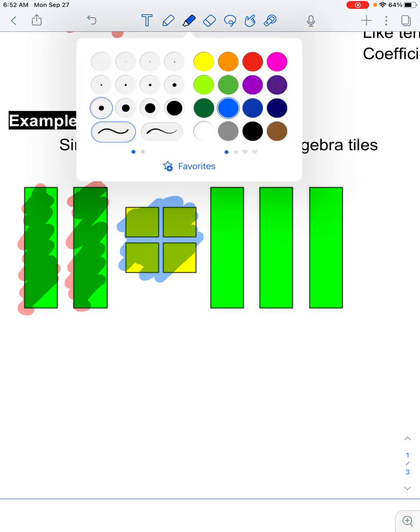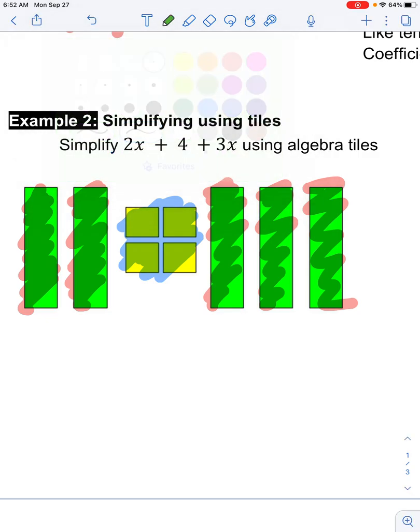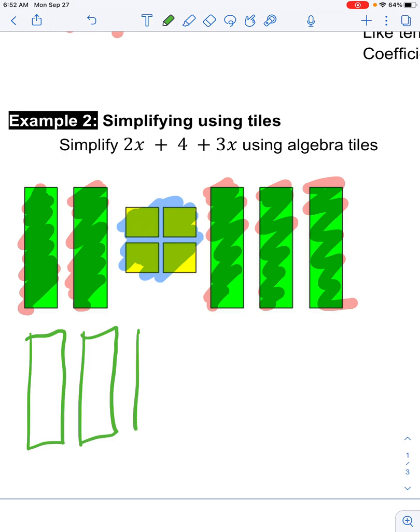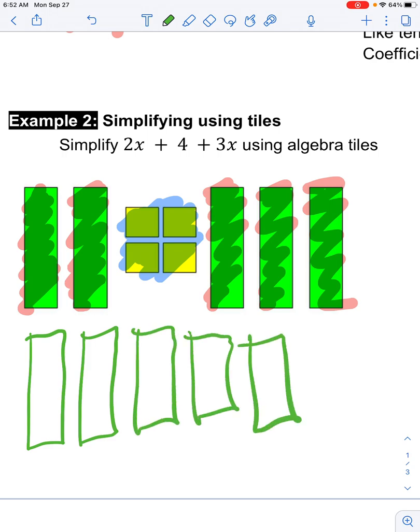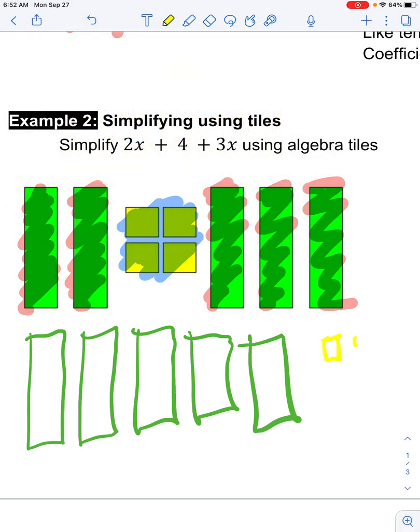And then I have 3x again. So 3x again, here's 1, 2, 3. So as I combine them, I've got 1, 2, 3, 4, 5, and then I still have my 4 on the side.